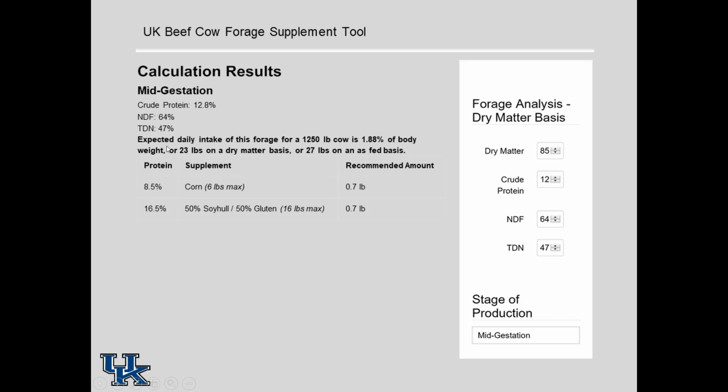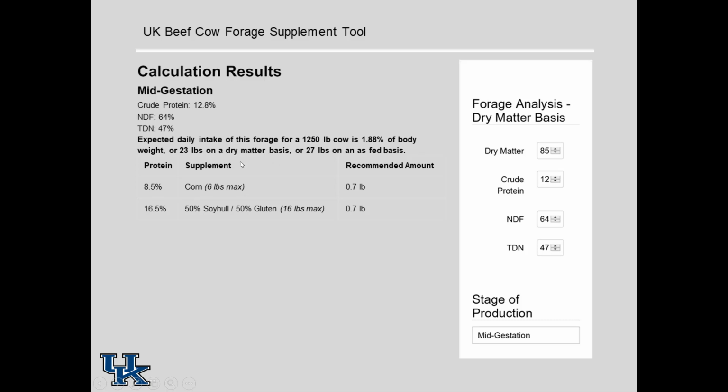If you read this, we expect the daily intake of this forage for a 1,250-pound cow to be 1.88% of body weight, or 23 pounds on a dry matter basis, or 27 pounds on an as-fed basis. So here is where the as-fed basis comes into play. If you're actually weighing feed and taking it to something, then knowing the as-received or as-fed amount tells you it's going to take 27 pounds of hay as is, 23 pounds of dry matter, but 27 pounds as is.